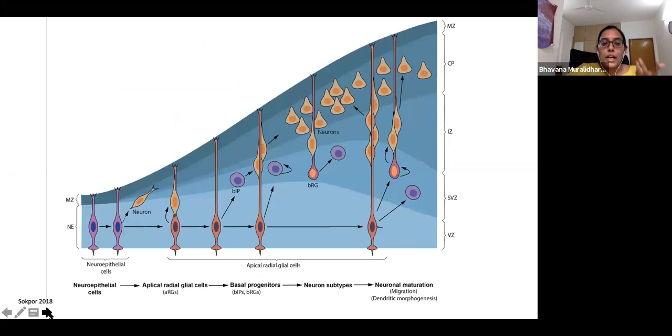Right. So as I was telling you, I'm going to be focused on the forebrain, basically the neocortex, and tell you some of the properties of these stem cells and how they divide.